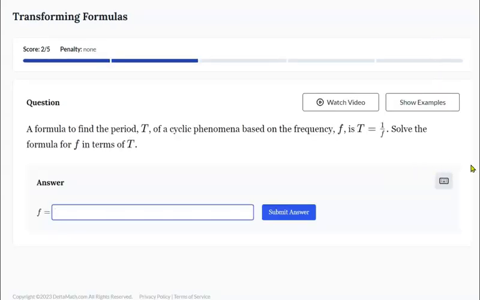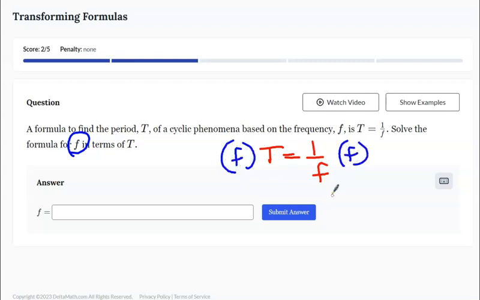Okay. Again, the formula here asks you to solve for F. And if my formula is T equals 1 divided by F, you cannot have your variable in the denominator. So I'm going to multiply both sides by F, giving me F times T equals 1.